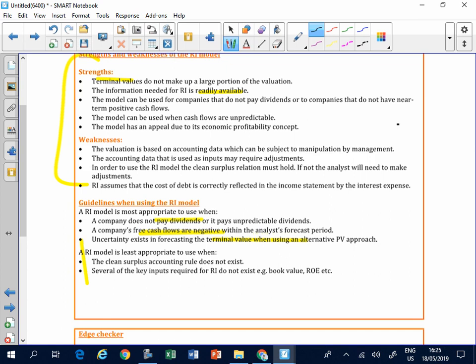So the reason why you do that is you can't double count for it, because you're adding the beginning book value again. If your ending price to book is going to be a certain number, you can't have that and add it again. It's like you're double counting. You should subtract it at the end. I might have confused you. The beginning book in that formula is the beginning book value plus all the residual incomes' present value.